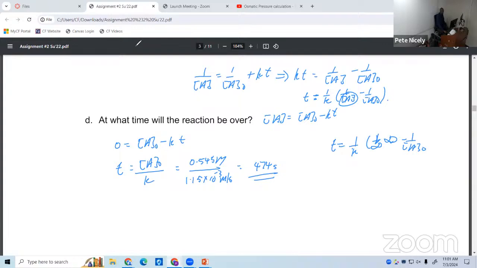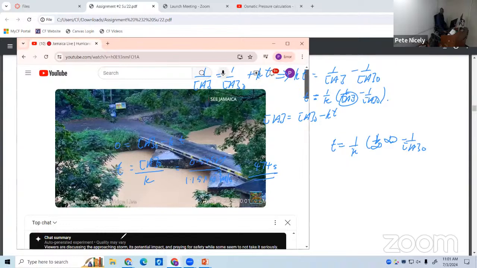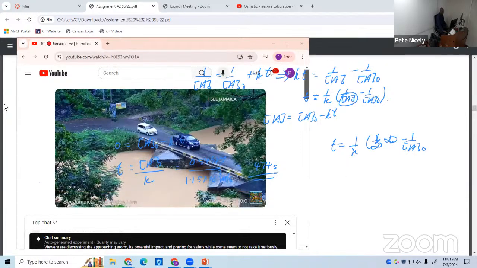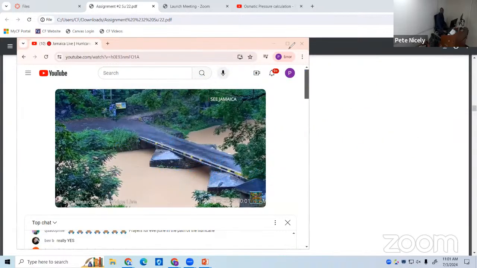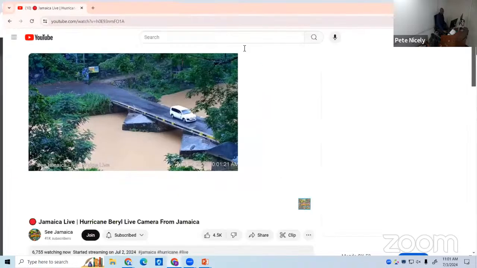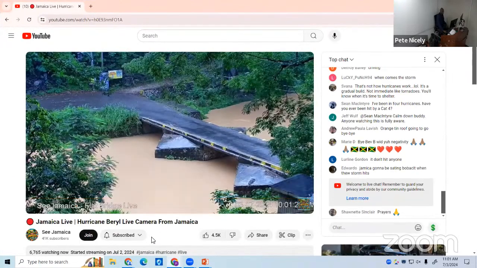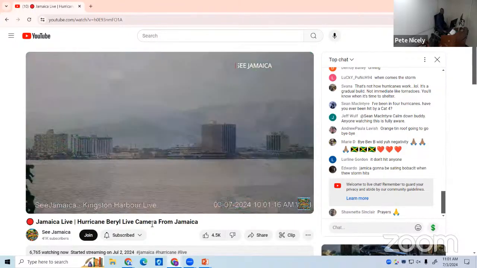They have live cameras at different locations. The hurricane is called Beryl. They just showed a picture of a normally busy downtown area. Everybody's not there. And that's the Kingston waterfront.